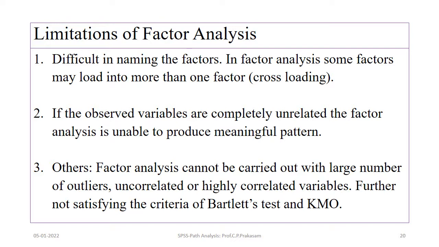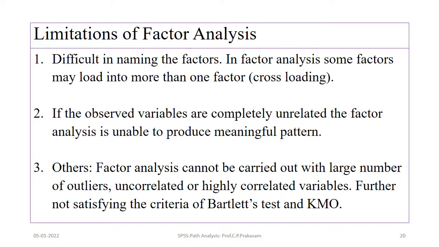If the observed variables are completely unrelated, factor analysis is unable to produce a meaningful pattern. Therefore, the first and foremost thing in factor analysis is the correlation coefficient. If the variables are not related to the factor, that is, in terms of factor loadings, then factor analysis should not be carried out further.